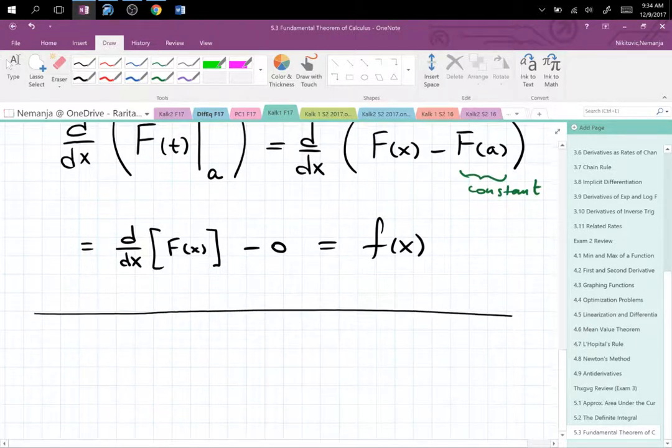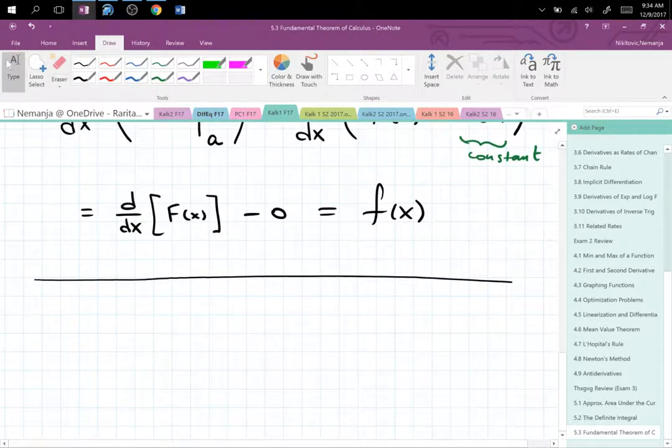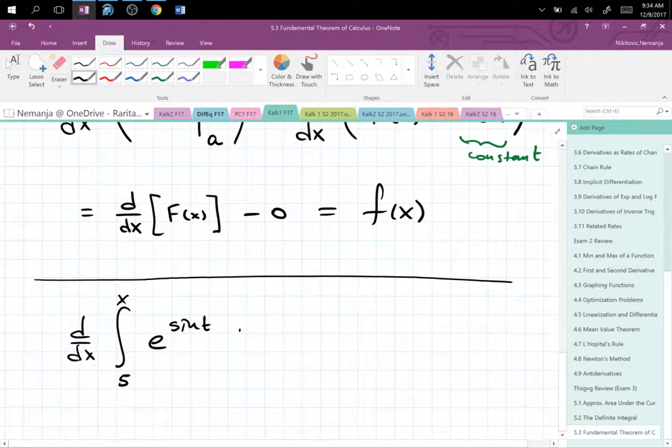So if you are to see a problem for this, you would see it as d dx of the integral, let's say, from 5 to x of e to the sine t dt.